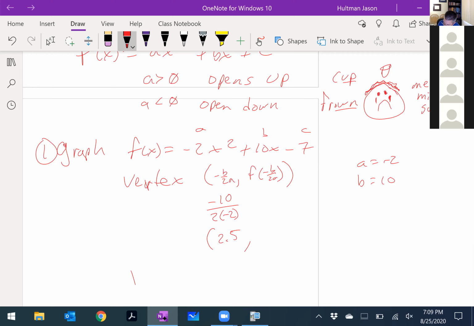Well, that sucks. Yeah, I'm not using that calculator anymore. It's not worth it. I'm going to use Desmos from now on. It's not worth using the calculator.